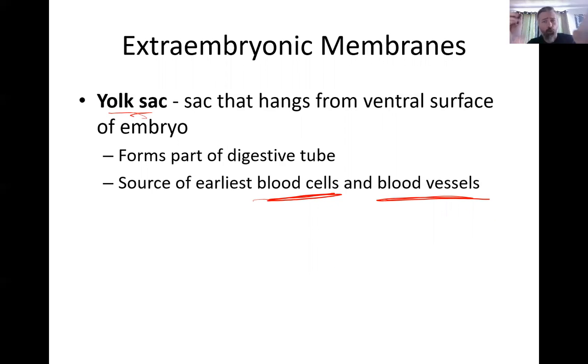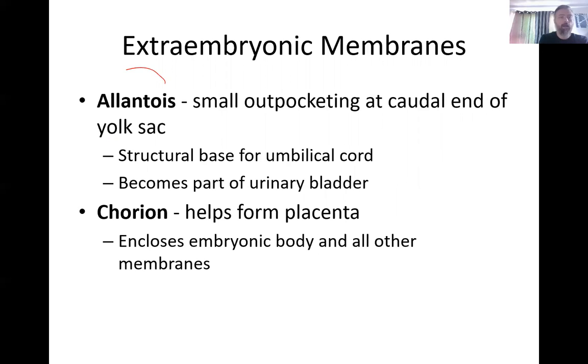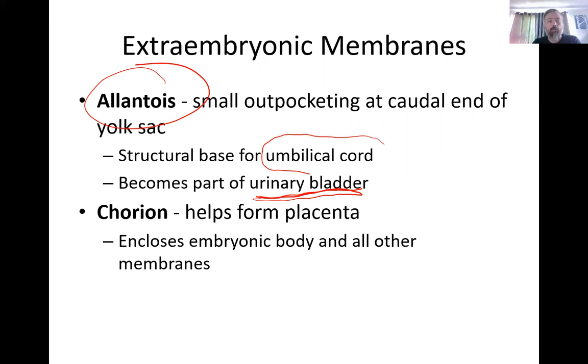Part of it was part of the digestive tube, believe it or not. And then a little part of this yolk sac, called the allantois, actually forms the urinary bladder. The allantois is embryonically a part of the umbilical cord. And when we shed the umbilical cord, or when it's cut, actually, it becomes the urinary bladder.